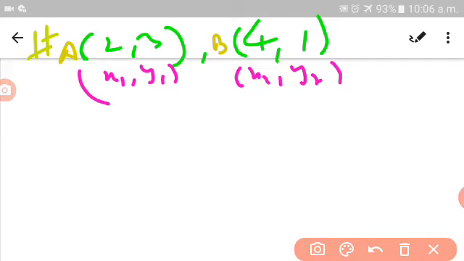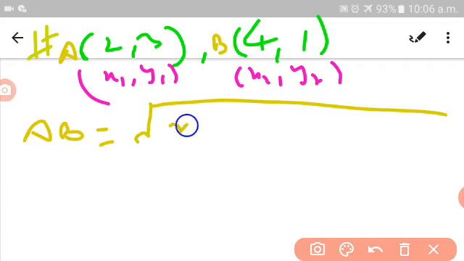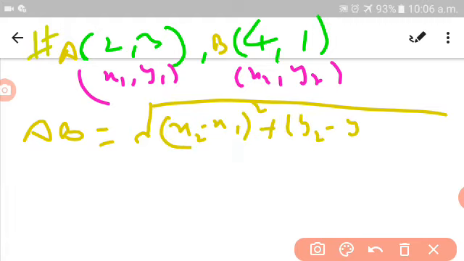So the distance between points A and B will be the square root of x2 minus x1 whole square plus y2 minus y1 whole square. Observe one thing, you can write x1 minus x2 whole square also, and y1 minus y2 whole square, because it is whole square, so whatever the value will be, it will be the same.